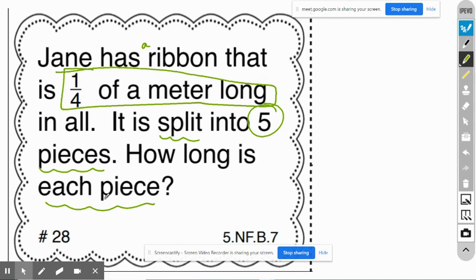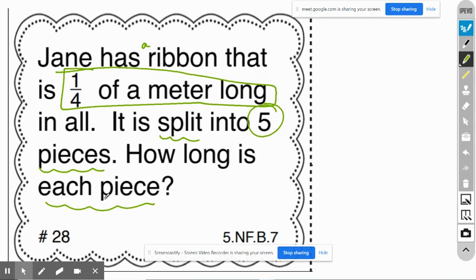So what does she have and what is she doing with that? That's a very simple one, and I read it, I see right away what I'm doing. So she has 1/4 of a meter long and she's splitting that into 5 pieces.